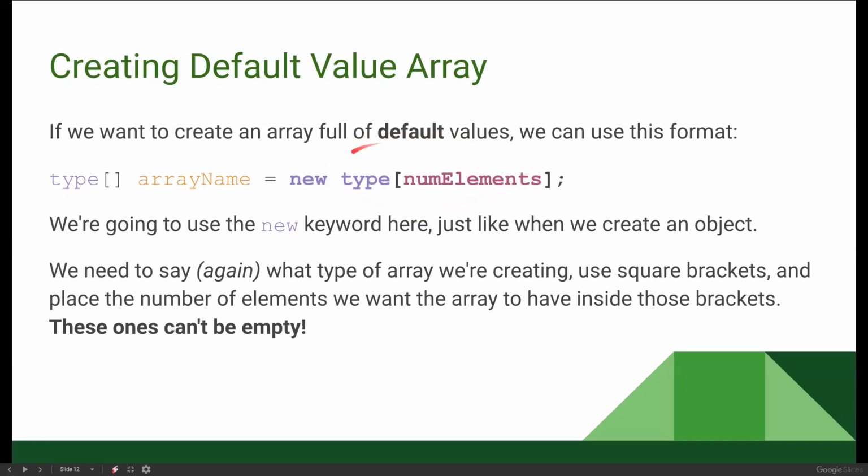And on the right side of our equal sign, we're going to use our new keyword because arrays are actually objects. And we also, once again, need to say what type of array we're creating with and use that set of square brackets. And we need to include how many elements we want this array to have. So I would need an integer value of how many elements are going to be in this array once I create it.